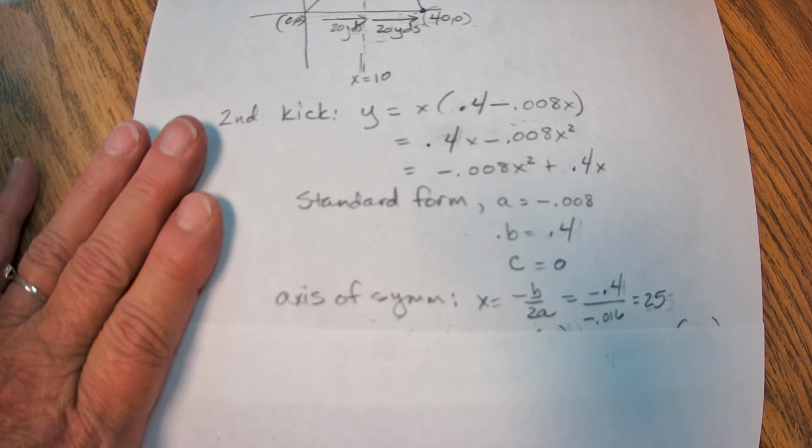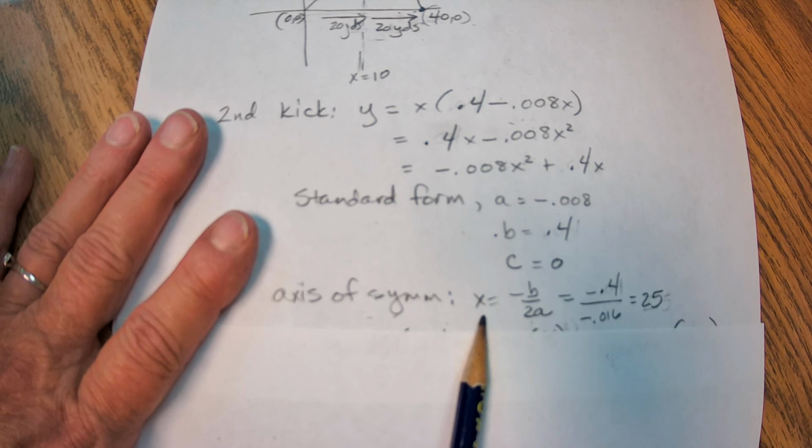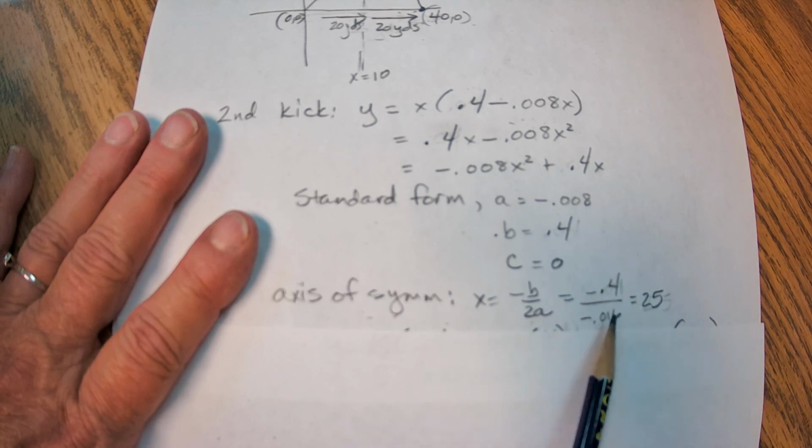Now I want to find the axis of symmetry, because I need to find the vertex. The x value of the vertex tells me how far the ball traveled before it hit the ground, and the y value of the vertex tells me how high the ball was at its highest point. The axis of symmetry is x equals the opposite of b over 2a. The opposite of b is -0.4.